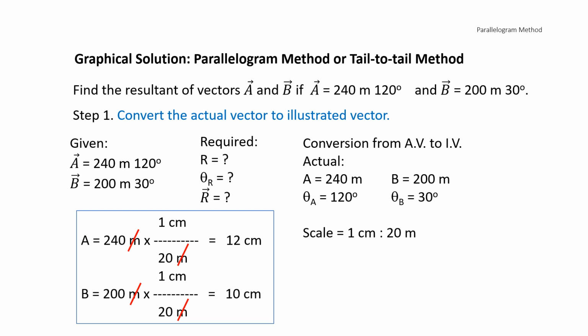The unit meter cancels out, and the magnitude of illustrated vector B is 10 centimeters. The magnitudes of vectors A and B are 12 centimeters and 10 centimeters respectively. The direction of these vectors remains the same.